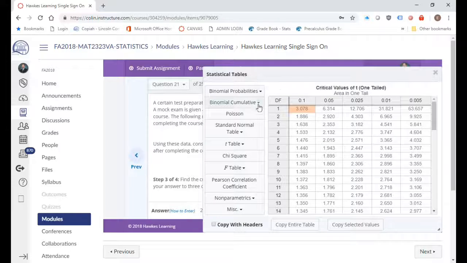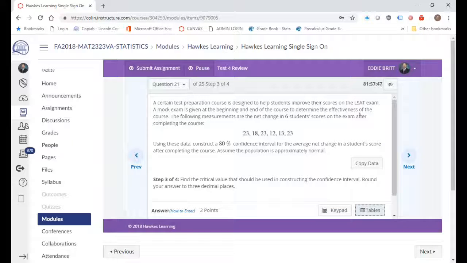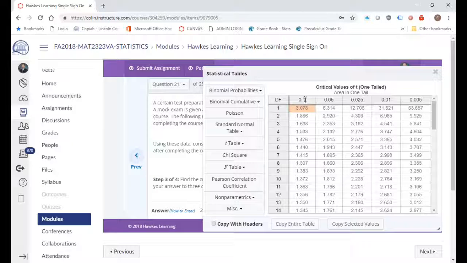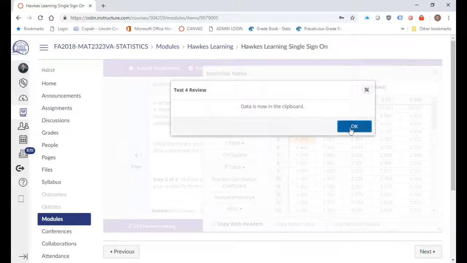Let me get out of this. That's 1, 2, 3, 4, 5, 6. The way you find degrees of freedom is n minus 1. So we don't use 6, we use n minus 1, which is 5. So 0.10 down to 5. All right, there is our critical value, 1.476. I'm going to copy that.